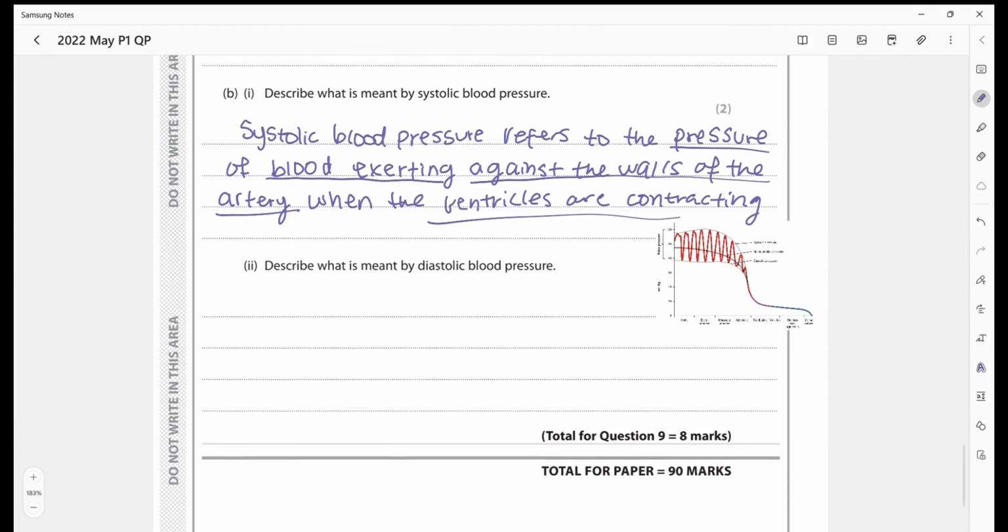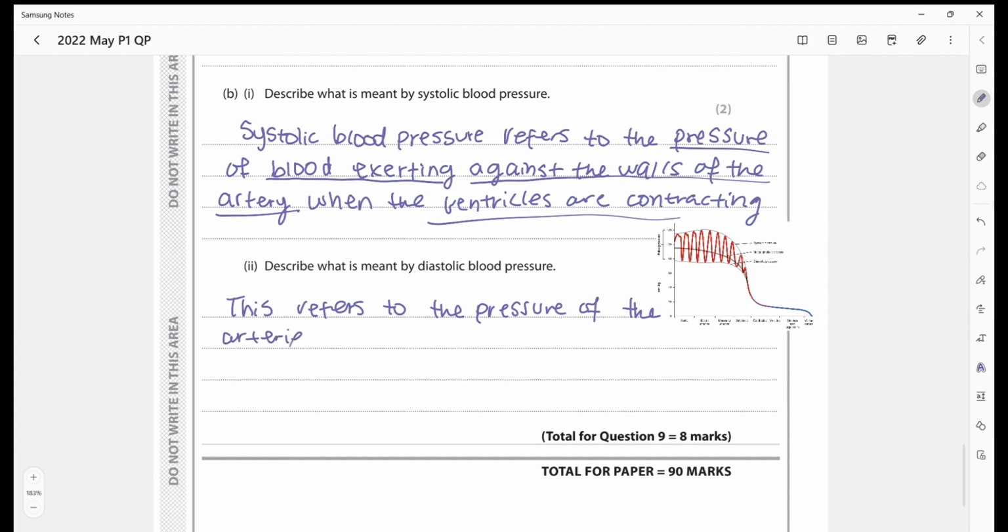All right, diastolic pressure is the pressure in the arteries when the heart is, or when the ventricles are relaxed. So this refers to the pressure of the arteries when the ventricles are relaxed.